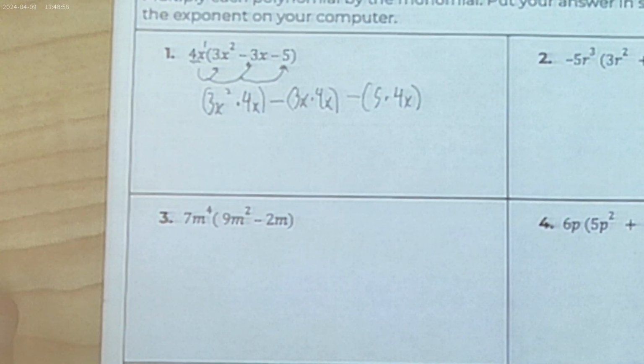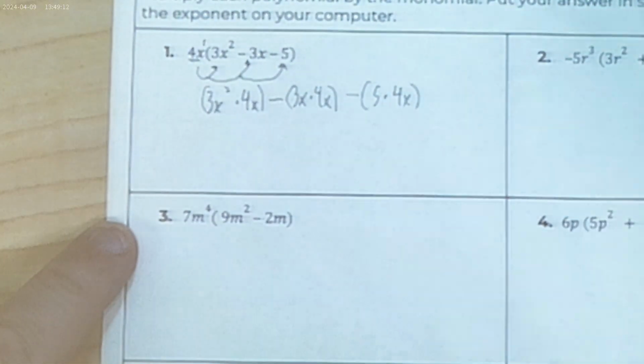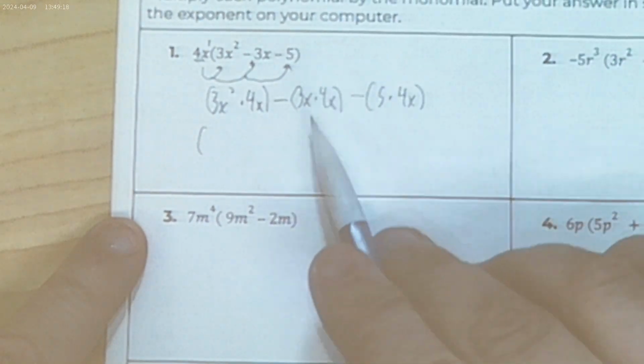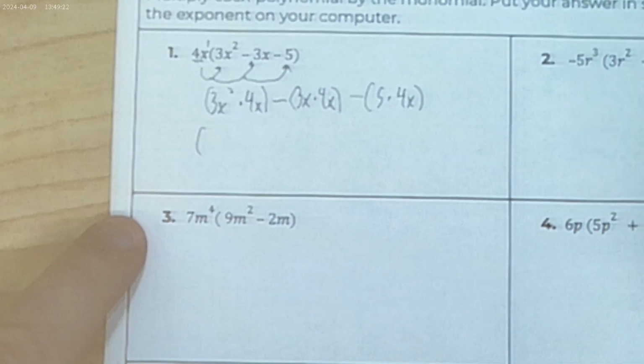So, keeping the product of power rule in mind, what do we get? If you remember back to our exponent days, what do we get when we multiply 3x squared by 4x? Well, even though it looks like these are two terms being multiplied together, they are not. They are, in fact, four terms being multiplied together.